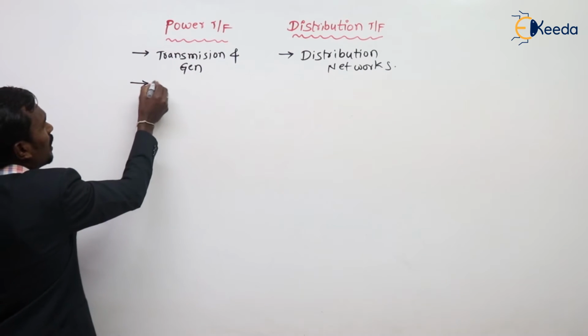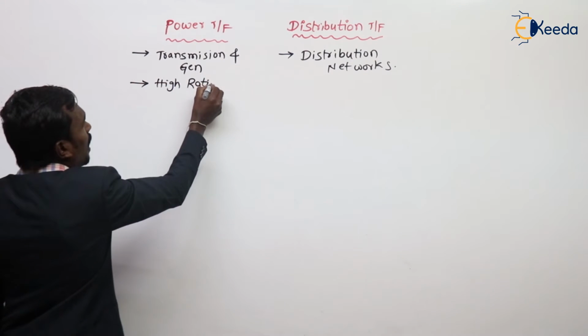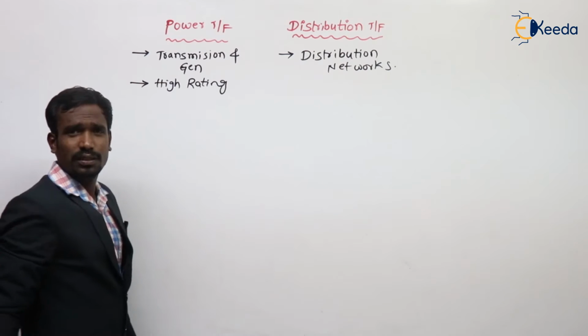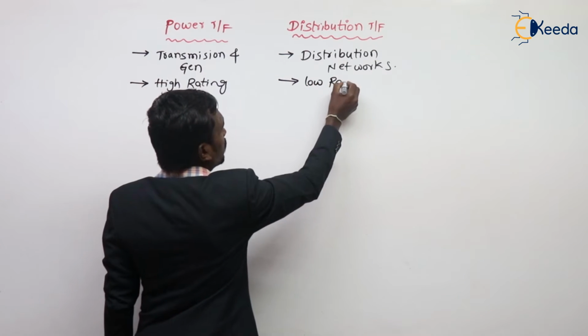Generally, power transformers are high rating transformers, but distribution transformers are generally low rating transformers.